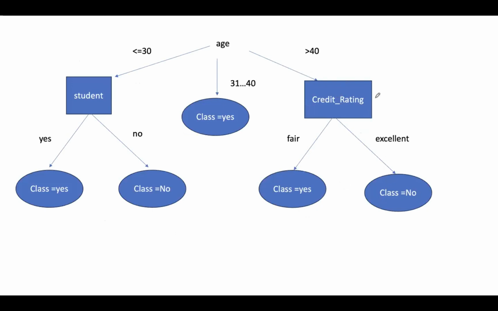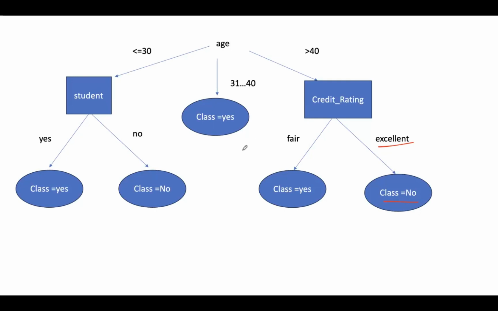As all the examples with credit rating fair are yes, you can write it directly as class equal to yes. If the credit rating is excellent, all examples are no, so we can directly write it as class equal to no. So this is the final tree which we got for the given data set.